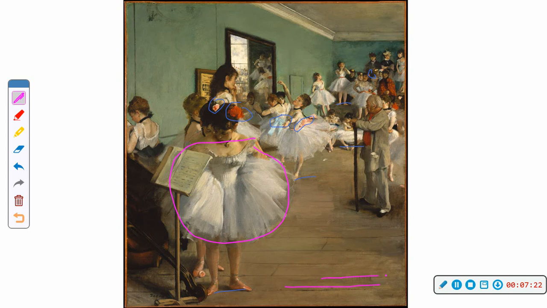That wood is evenly spaced and it creates a constant pattern and color that goes all the way back. So that creates some unity for us. Another thing that you may notice is that they have these black ribbons around their necks. It's another moment of unity in a picture that does have a lot of variety.